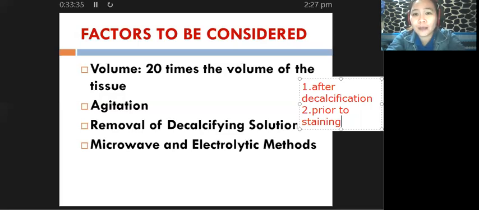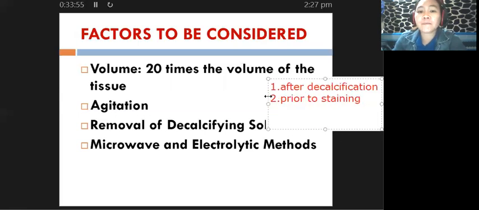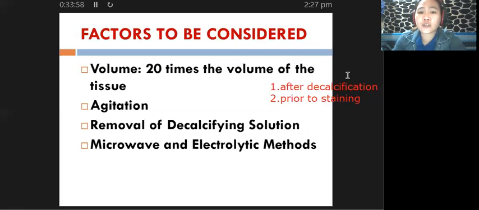So if you want to be sure, sigurista, which means you really want to be sure about it, and to ensure that staining will not be affected, you can perform the removal of your decalcifying solution prior to staining.